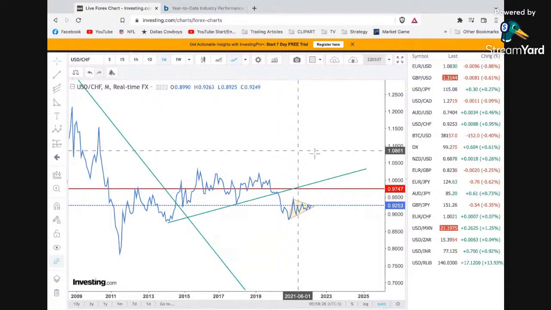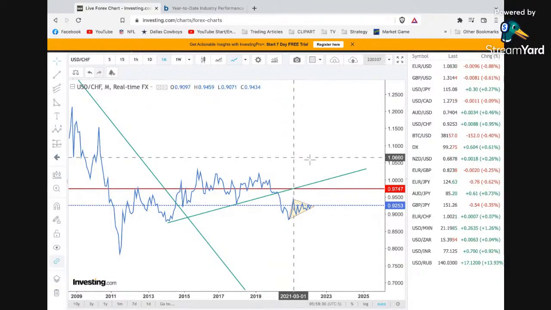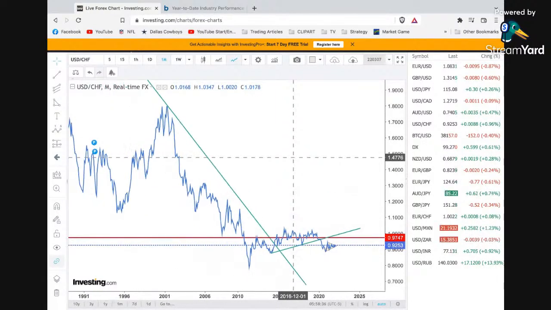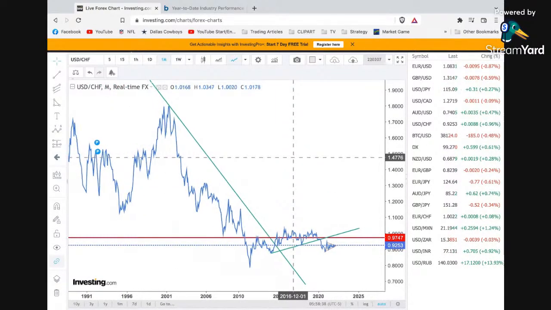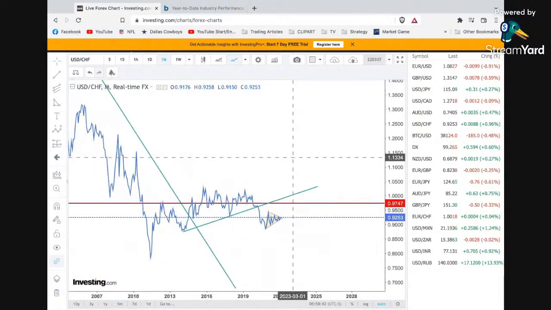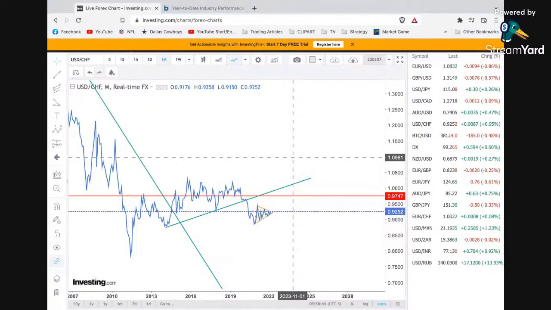So it's not related. Okay, from the technical view, news does not affect price. I know that's a radical view for folks who are more fundamental in their bias or their outlook on things, but I'm here to share the technical perspective. And let's take a look at the euro.